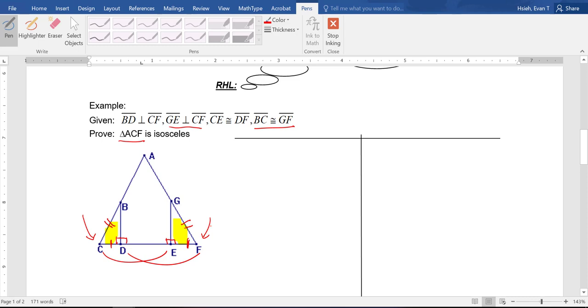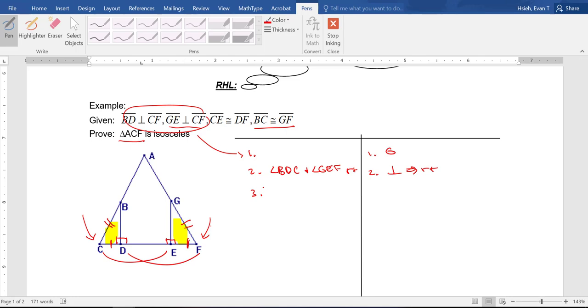So let's write this out. Step 1, I need the perpendicular lines. That's going to be given. Step 2, I know that angle BDC and angle GEF are going to be right angles, because if perpendicular, then right angles. Step 3, now in previous proofs, we would say that right angles are congruent.